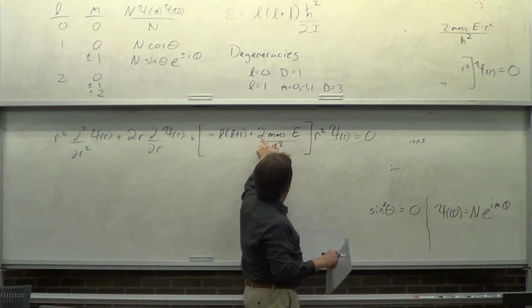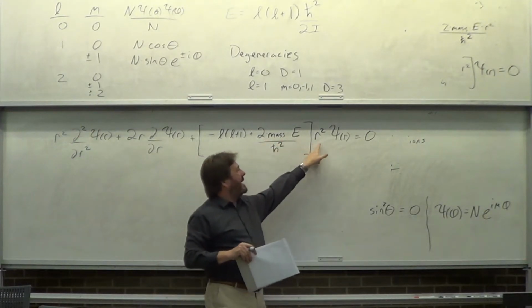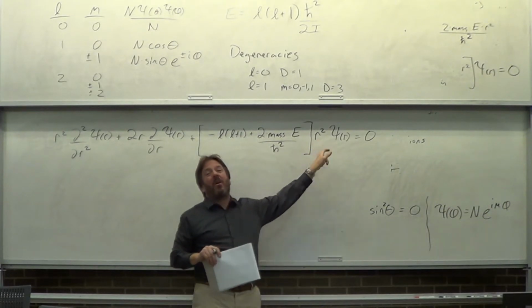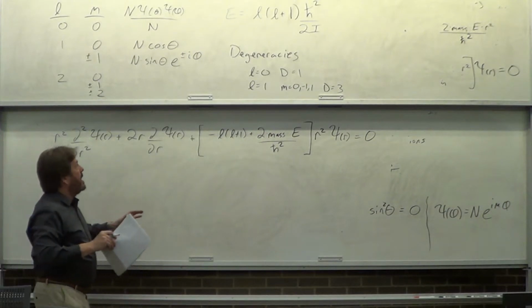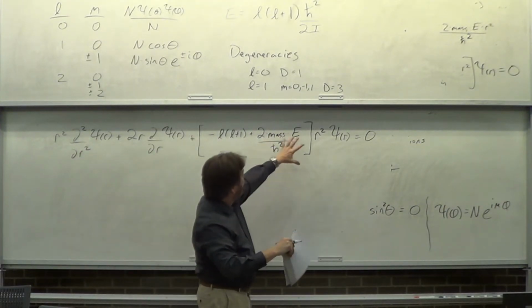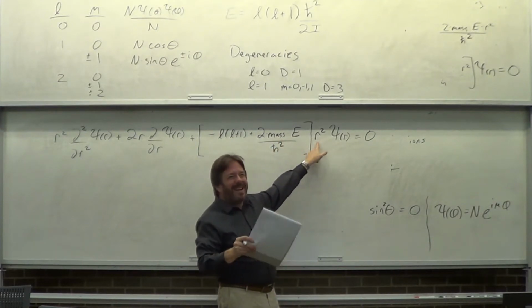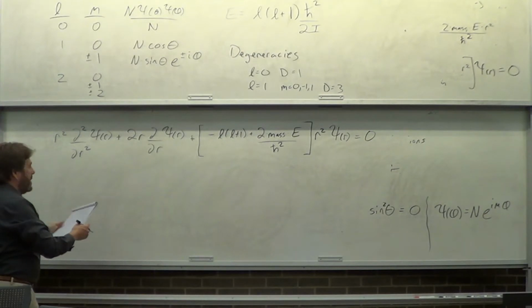And you notice I got mass times r squared, so there's my I, except you can't actually do that, because you can't have an I if r is not fixed. So when I wrote above 2IE over h bar squared, this is not the same because r is not necessarily fixed.